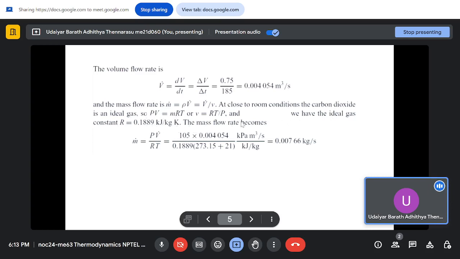So the mass flow rate is P times V dot divided by RT, that is 105 times the volume flow rate divided by 0.1889 times the temperature, 273.15 plus 21 in Kelvin. This will give me 0.00766 kg per second. So this is the mass flow rate.